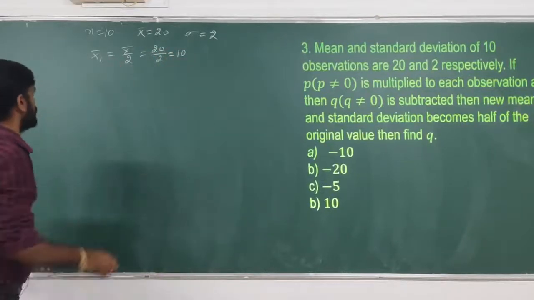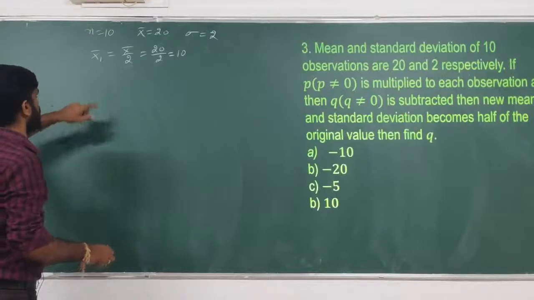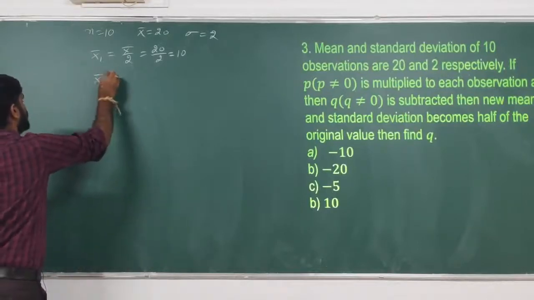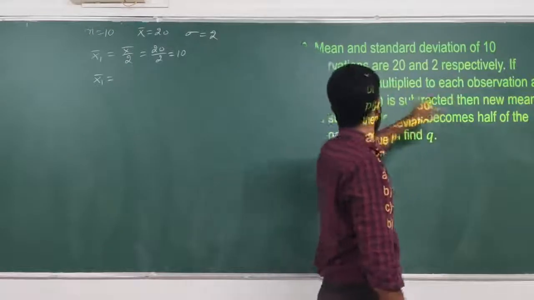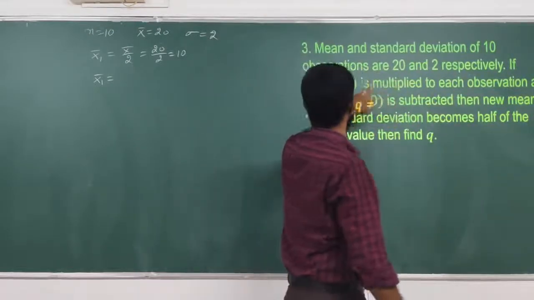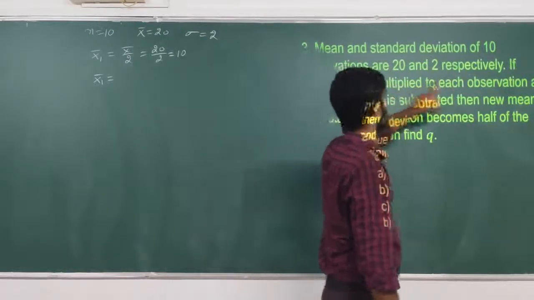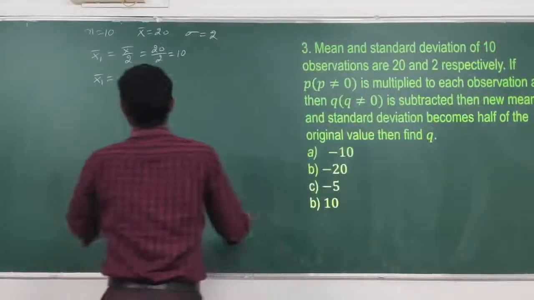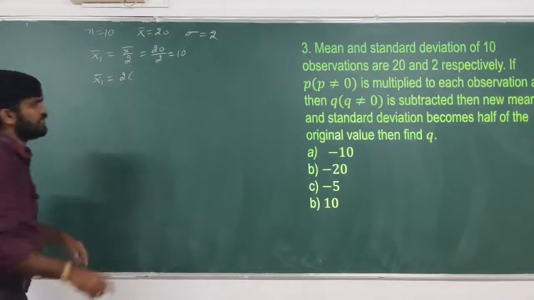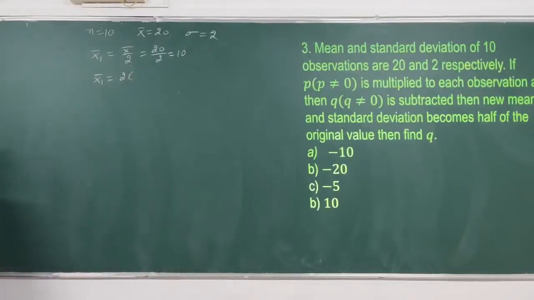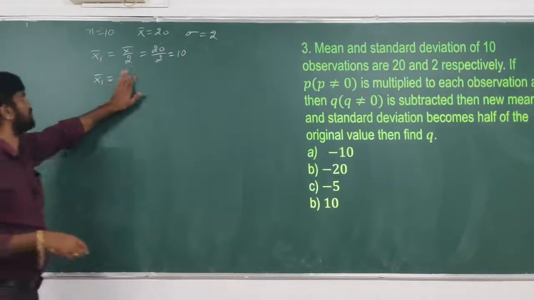Okay. Now we have to multiply each observation by p. So if p is multiplied to each observation, the new observation is p into x bar.